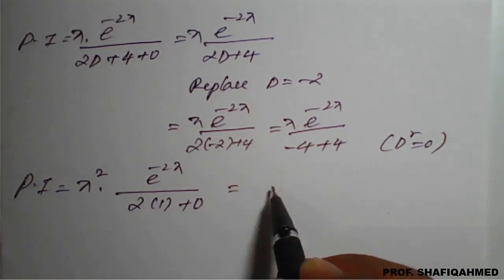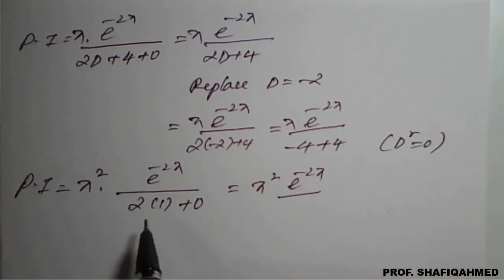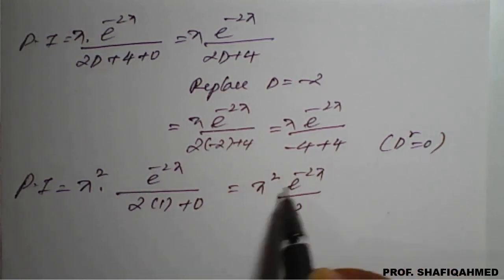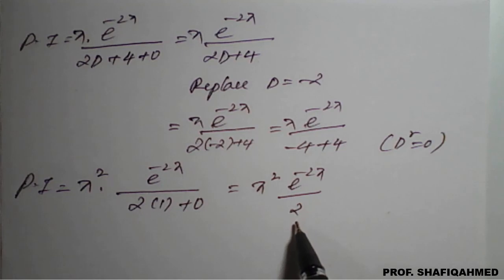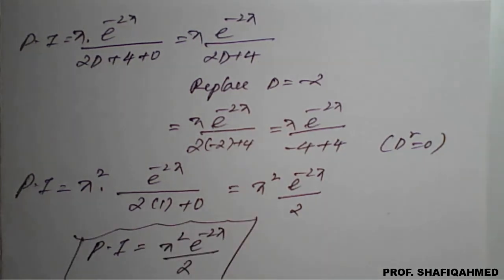So it becomes x square into e raised to minus 2x divided by 2 into 1, which is 2. Now the denominator is completely constant, so there is no need to apply d equal to minus 2. Therefore the pi is x square e raised to minus 2x upon 2.